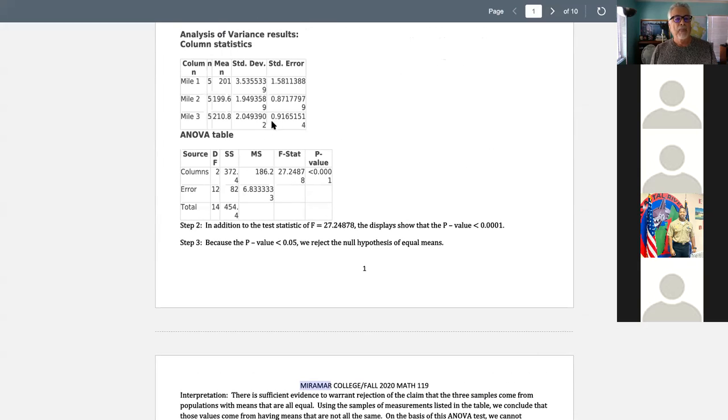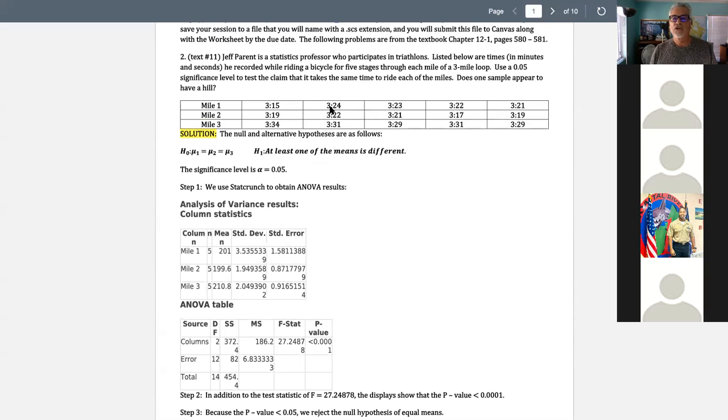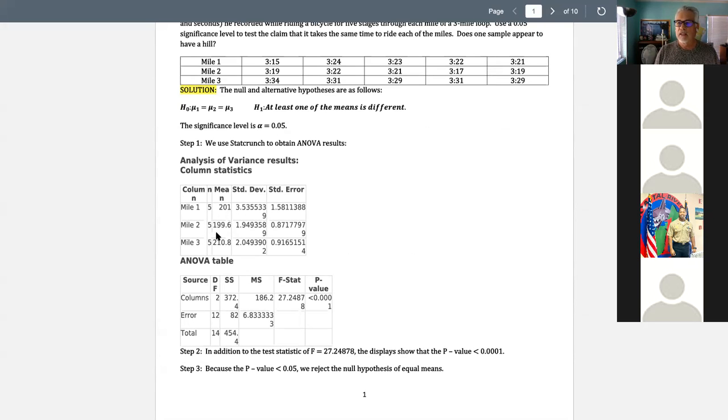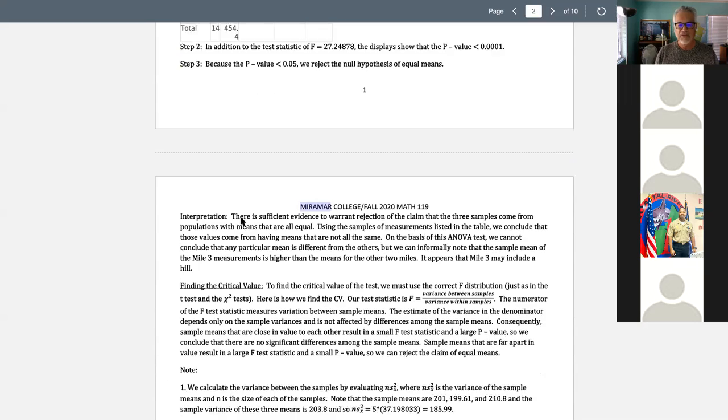You see that? Okay, so again, if we were to take averages in seconds for mile 1 and calculate the summary stats, we would get a mean of 201 seconds with a standard deviation of about 3.5. Okay, so now we're going to take the variance in that sample of x bars. It's a small sample, it's only 3, but we can still take its variance.